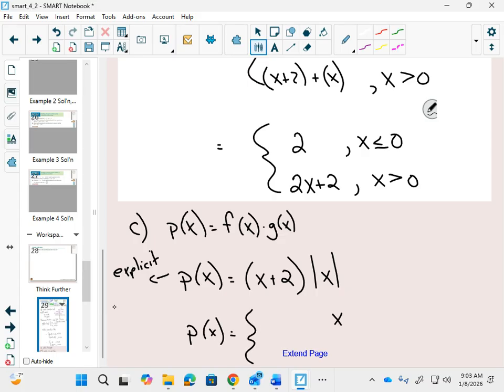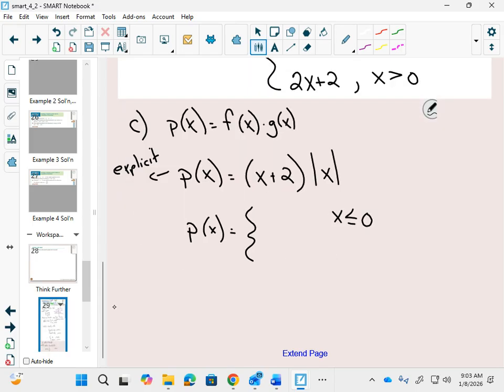Absolute value gets broken up when x is less than or equal to 0 and when x is bigger than 0. When x is less than or equal to 0, the absolute value of x is minus x. And when x is bigger than or equal to 0, the absolute value is x.